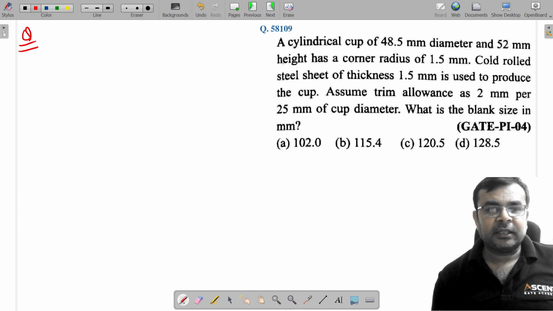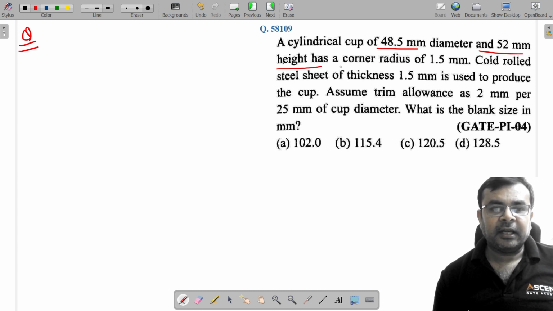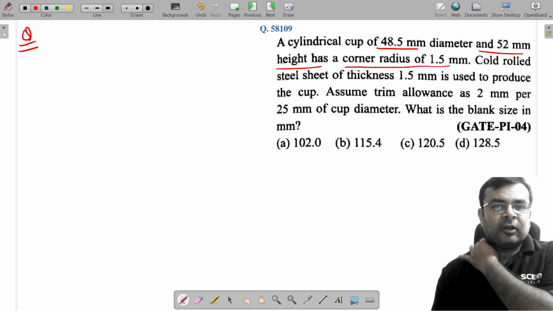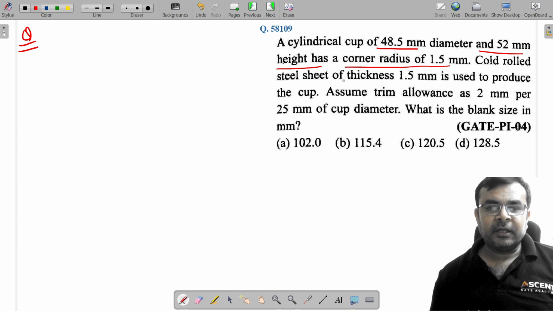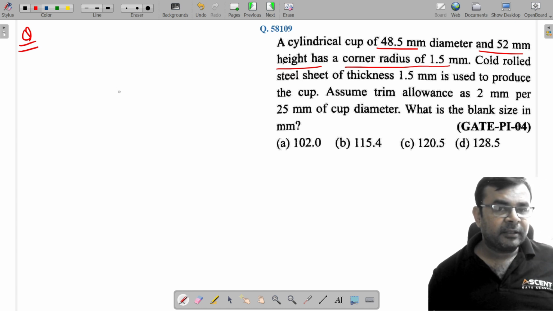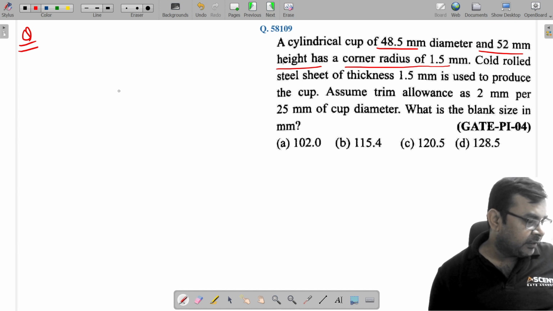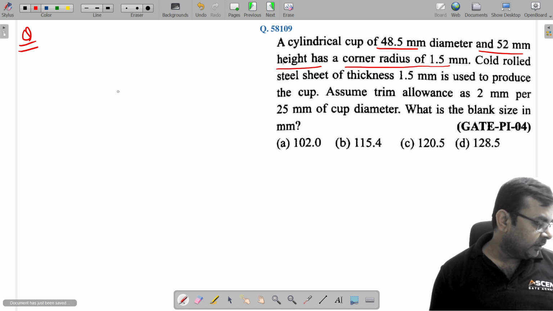Okay, so let's see my question. A cylindrical cup of 48.5 mm diameter and 52 mm height has a corner radius of 1.5 mm. Cold rolled steel sheet of thickness 1.5 mm is used to produce the cup. Assuming trim allowance as 2 mm per 25 mm of cup diameter, what is the blank size? If you calculate the blank size, we can simply use this relation.